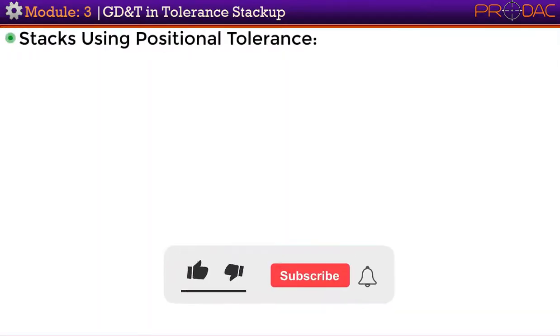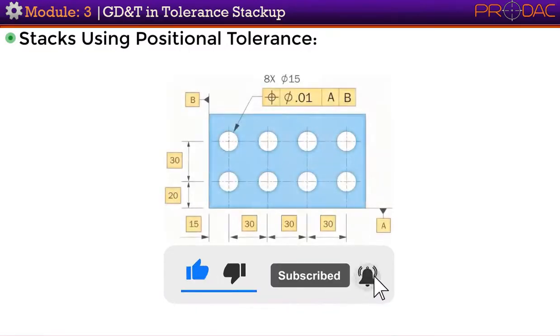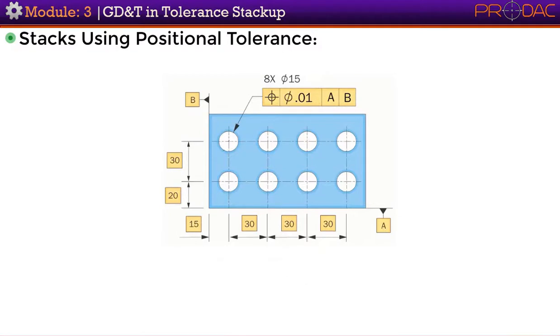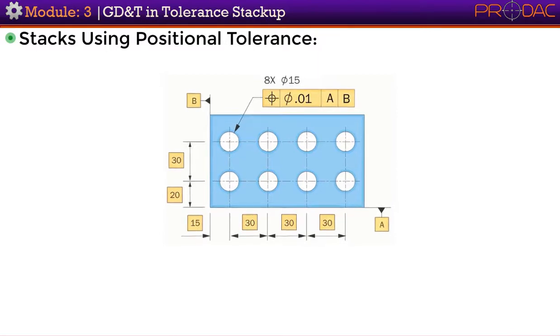Stacks using positional tolerance. In this drawing, we have some holes with basic dimensions and position tolerance defined. Basic dimensions do not carry any tolerances as they are theoretically exact dimensions. We'll find out max and min of bottom left hole.